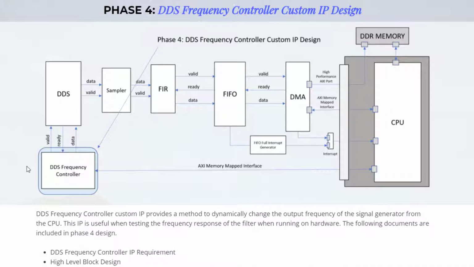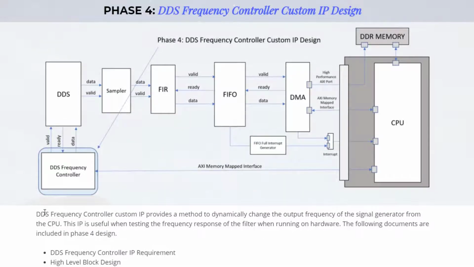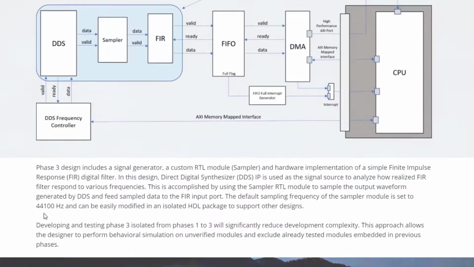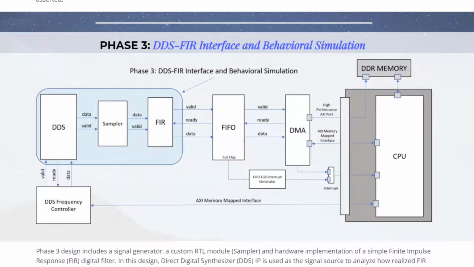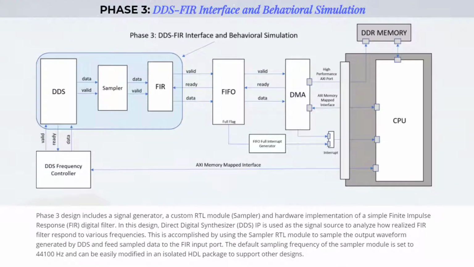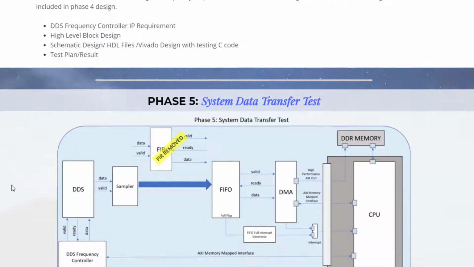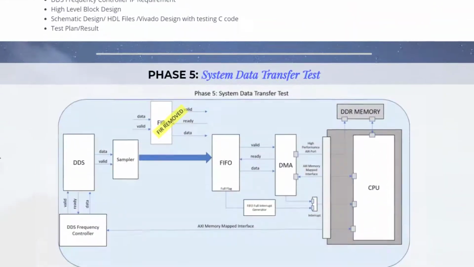If we go further back, phase 3 creates more blocks that are developed to build up to phase 5. And there's also a phase 6, but today we'll be looking at phase 5.